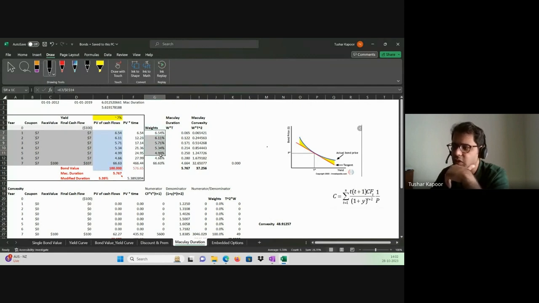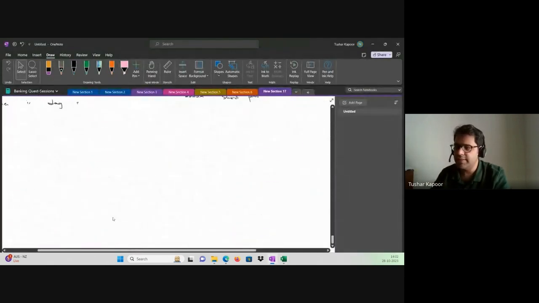So overall, the sum of all these weights should actually be 100. In a way, I'm just understanding the present value of cash flows' impact on the 100 value that I get. That is the weight. Now I multiplied the weight into time, and then sum total them, just the way I've been doing it, rather than summing up everything.